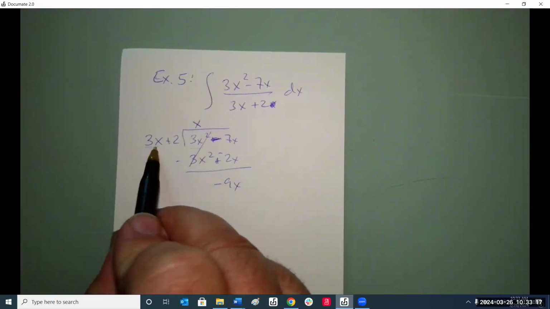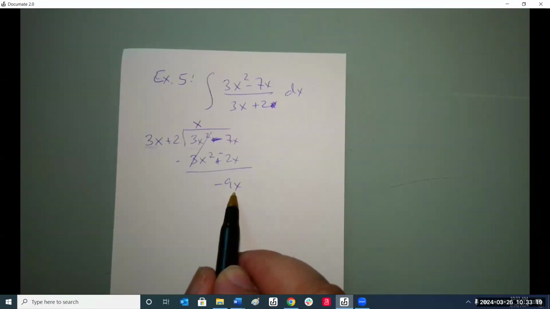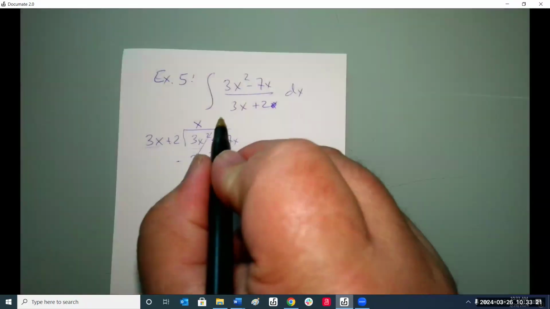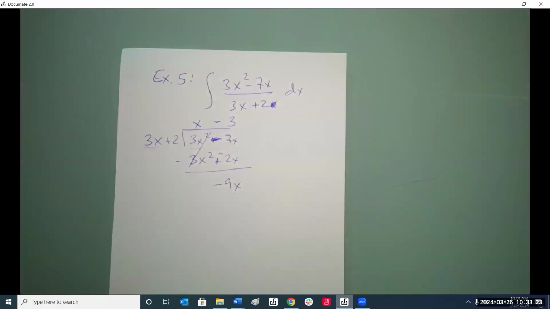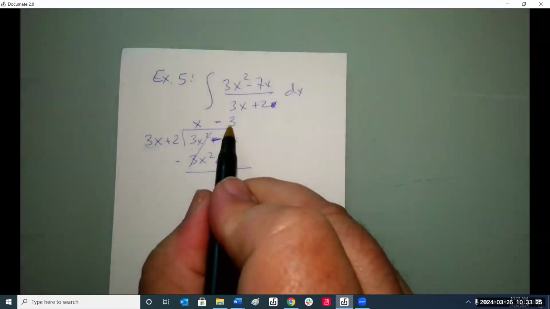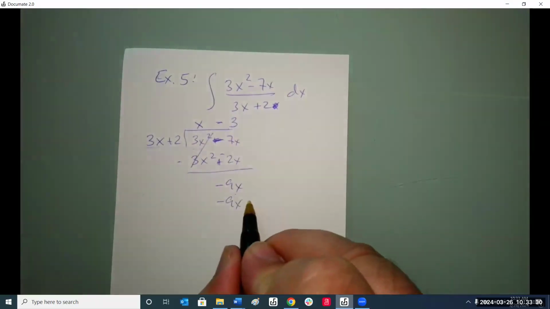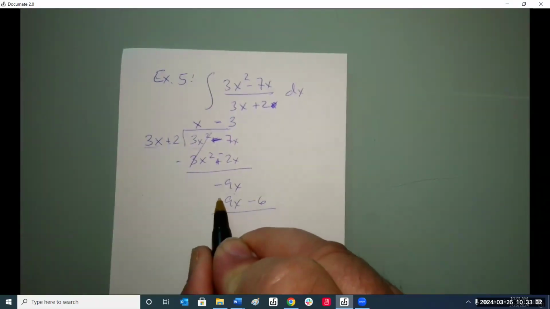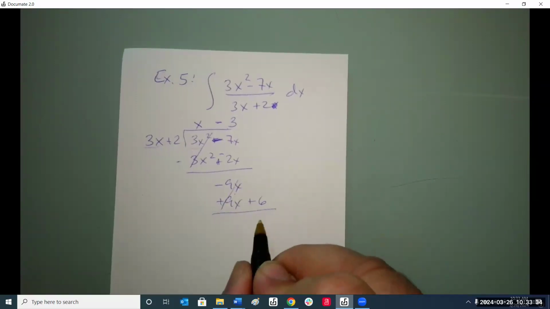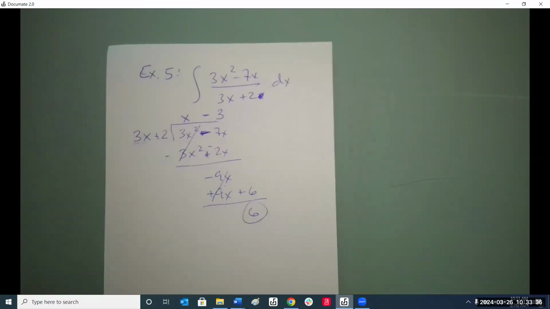What times 3x gives me negative 9x? Negative 3. So negative 3 times 3x is negative 9x. Negative 3 times 2 is negative 6. Change the signs. And there's our remainder.